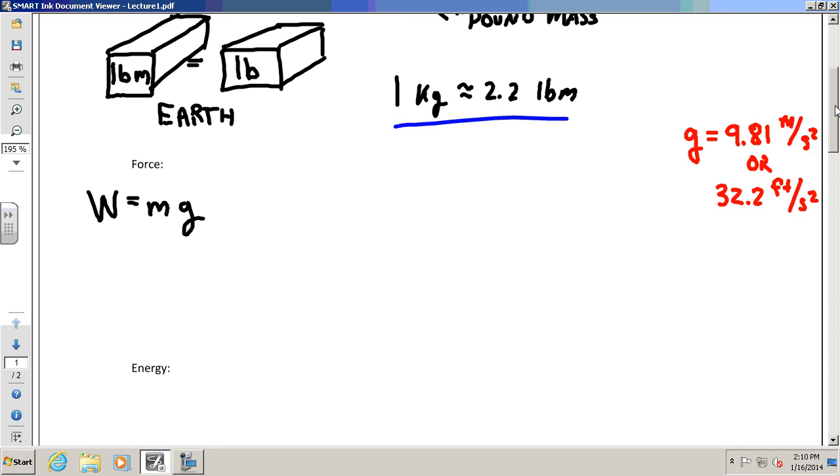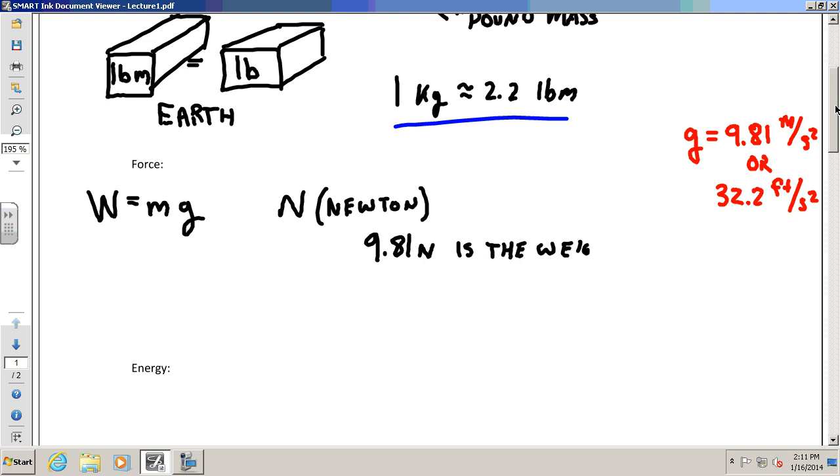All right. Force. So what are the units of force in metric, SI? Newtons, yes. A Newton, abbreviated by an N. What we would say is that 9.81 newtons is the weight of 1 kilogram on Earth.